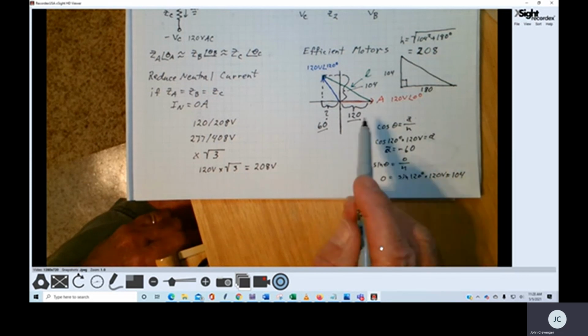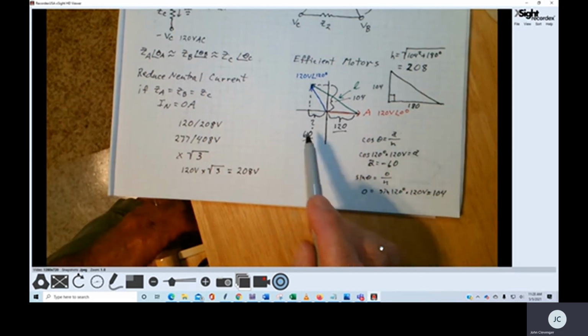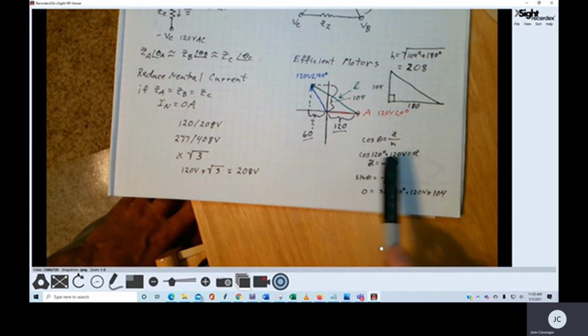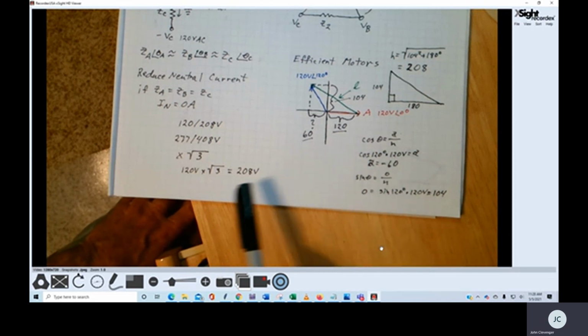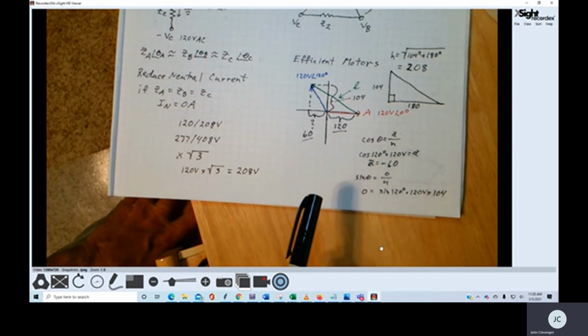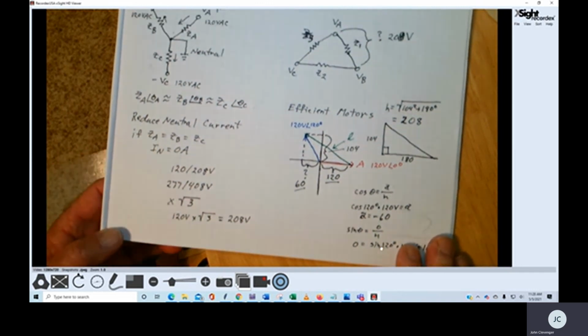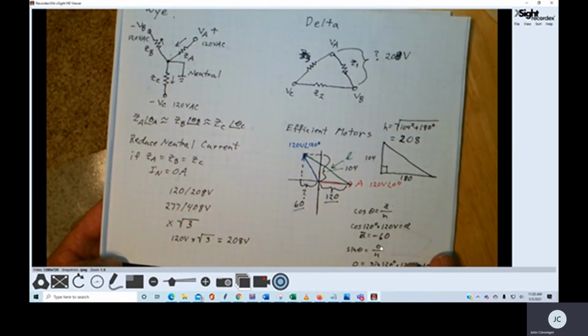So you don't have to remember or do all the trigonometry that I showed here. If you can simply remember the square root of 3 is our multiplication factor to convert the single phase voltages, the Y voltages, to the delta voltages.